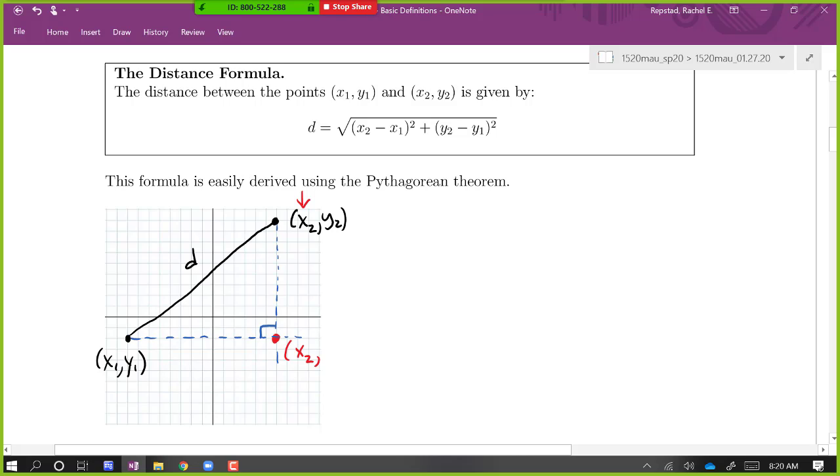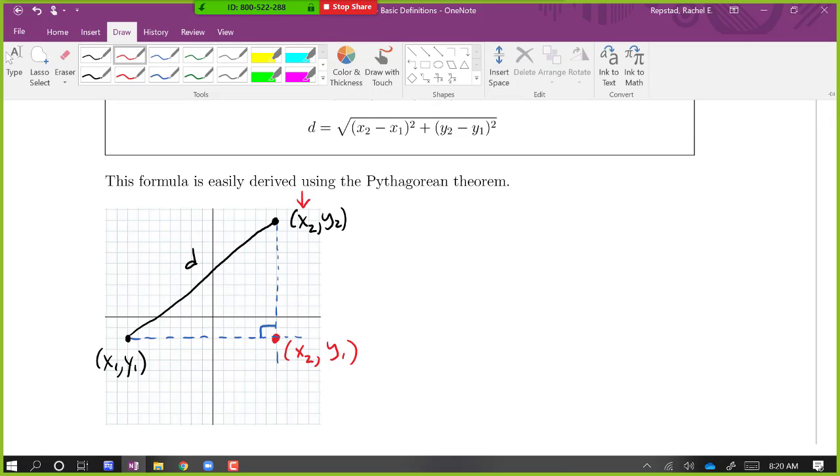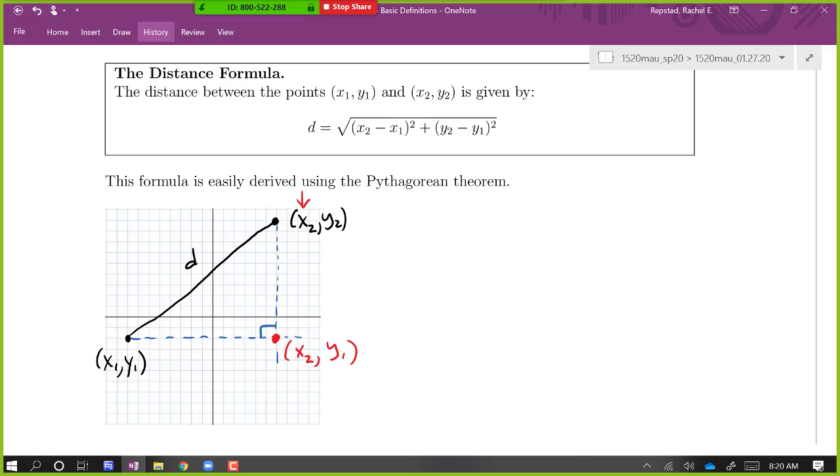What about the y coordinate? y1. That has to be the same y coordinate as the point directly to its left. Great. So now we have these coordinates. Let's figure out what these distances are. How do I get a vertical distance?